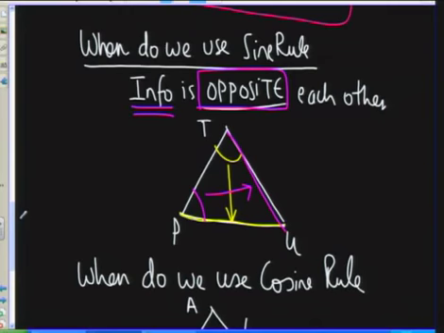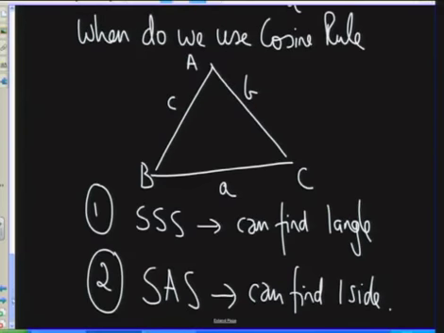Because if you look at the cos rule, when do we use the cos rule? You can use it whenever you have side, side, side. So if I have all three sides, you can pick an angle. You are not forced to work with any angle.